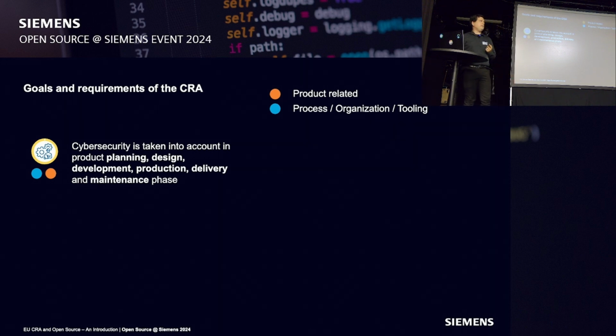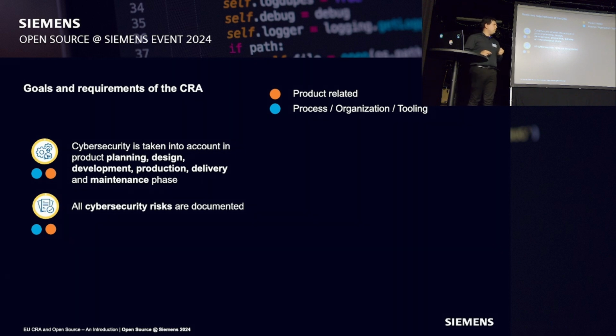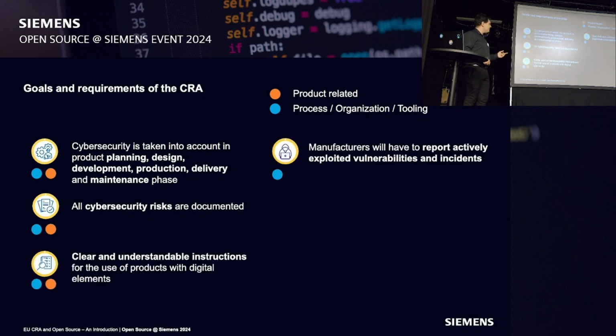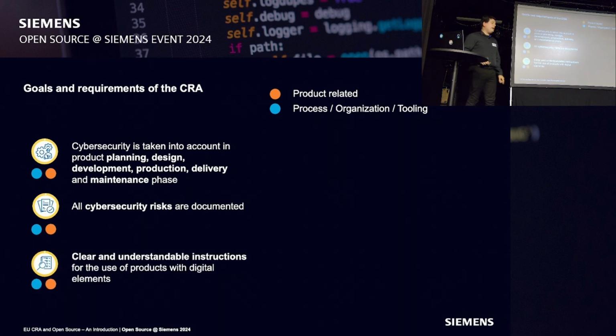The Cyber Resilience Act requires that when you plan, design, and develop products, you first identify and then assess the risk, and you document all the risks. And it has quite a lot of work requested in terms of documentation.